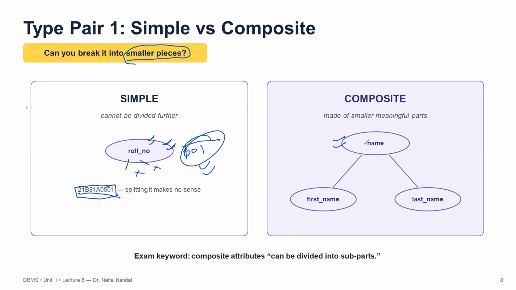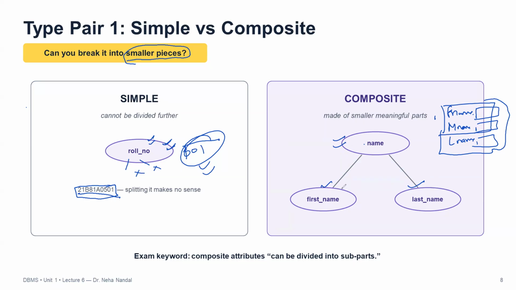Can you divide name? Yes, it can be further divided. If you sometimes fill some applications online, there you see, instead of name, first name, middle name and last name. Even I have divided it into three parts. Here it is divided into two parts, first name and last name. But the main agenda here is to understand that yes, the name can be divided into further parts.